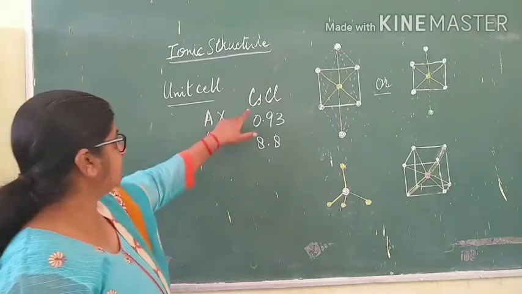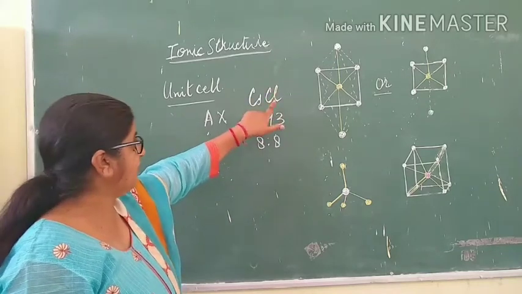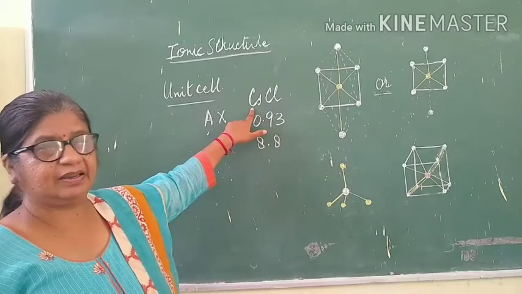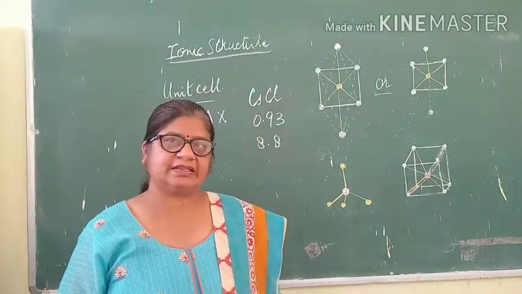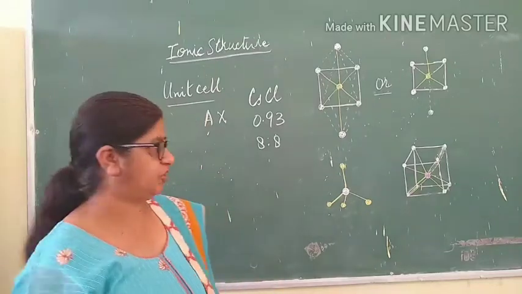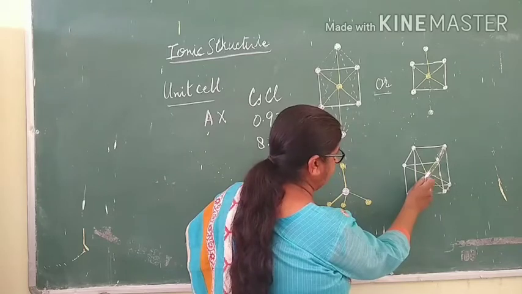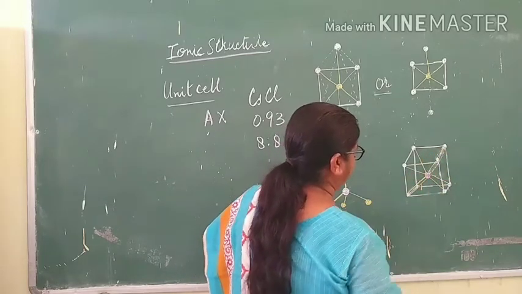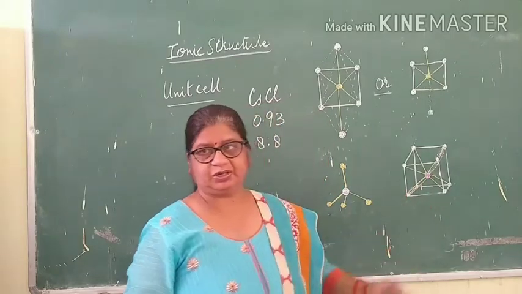Here a cesium ion is surrounded by 8 chloride ions, and the chloride ion is surrounded by 8 cesium ions. Here we will have a body-centered type of structure. We have shown a cesium ion, and the white dots are showing the chloride ions. This is the body-centered structure.